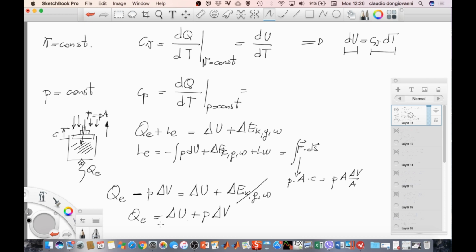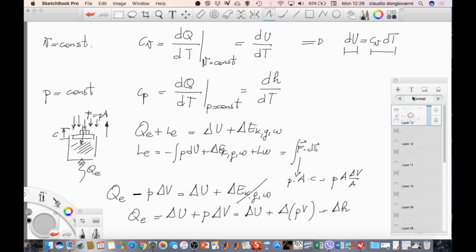What is it? P is constant, so we can put P outside, or also inside. No? We can write delta of PV because it's constant. Do you agree? And what is U plus PV? So this relationship is dH over dT.